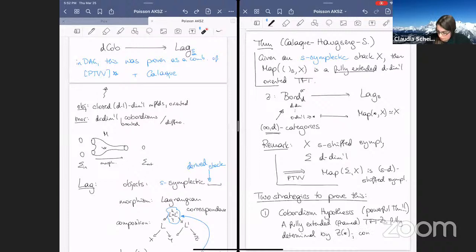And conversely, we can recover Z from just a single object with some properties.